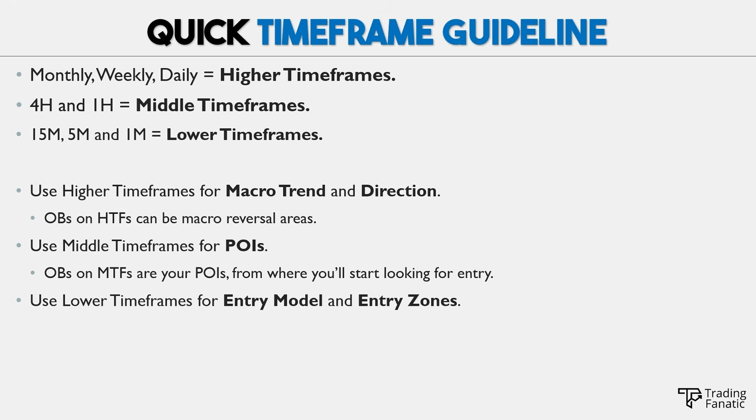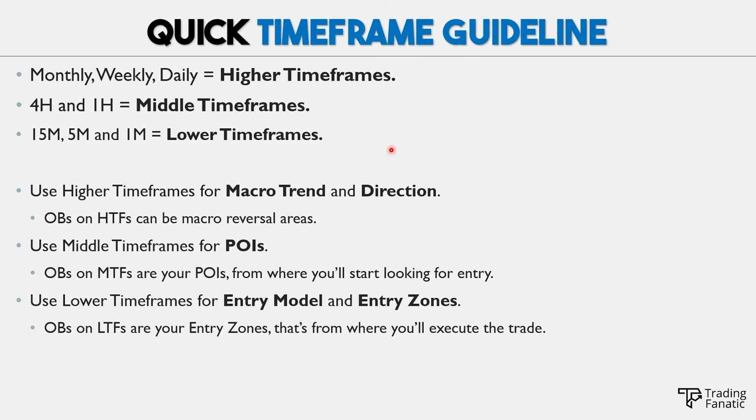The lower time frames are for your entry model and entry zones. So order blocks that you find on the lower time frames are going to be the entry zone from where you're actually going to execute the trade. Okay? So feel free to follow these very generic guidelines, but they're not generic. This is exactly what I use for my whole trading. Okay, so you can copy these time frames.